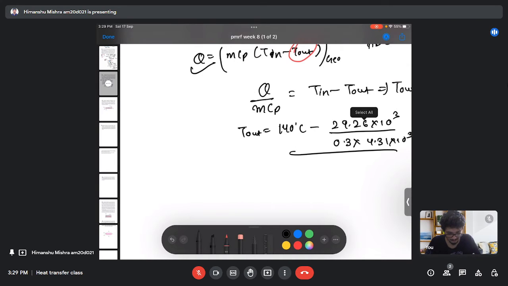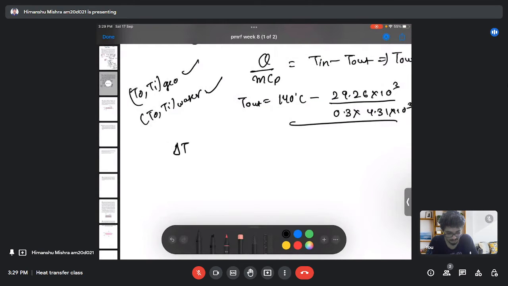So now we have inlet and outer temperature for the geothermal water, and inlet and outlet temperature for the normal water. So we have these quantities now, so we can now find the log mean temperature difference.